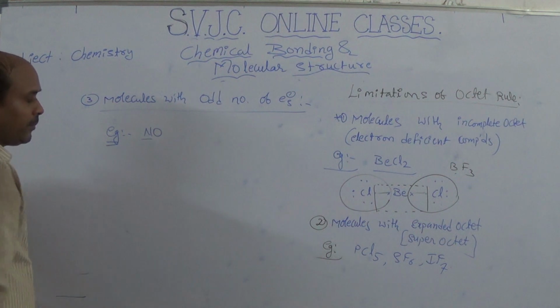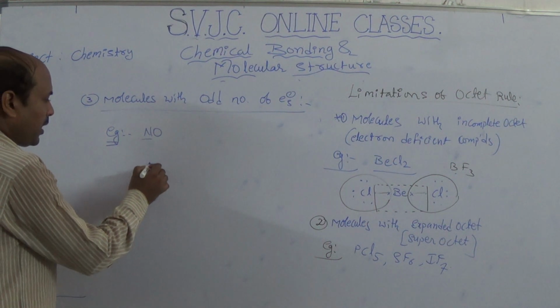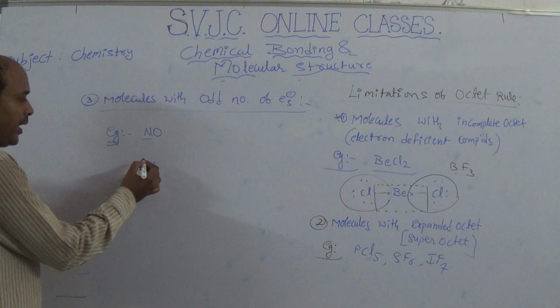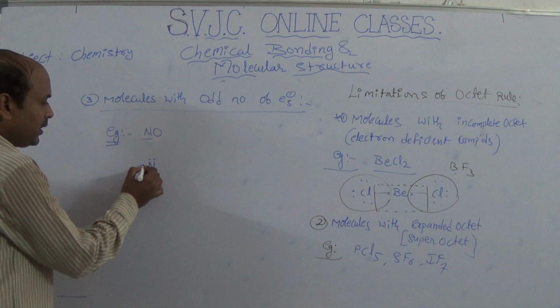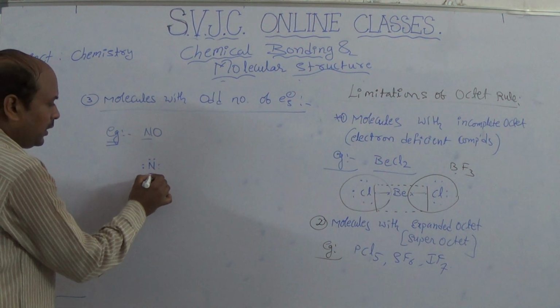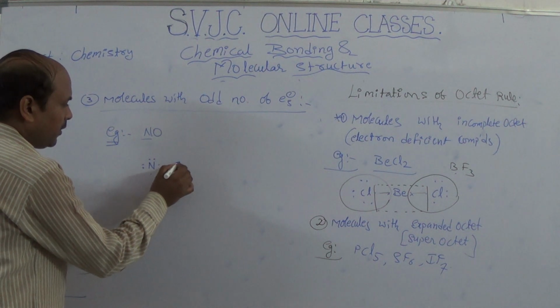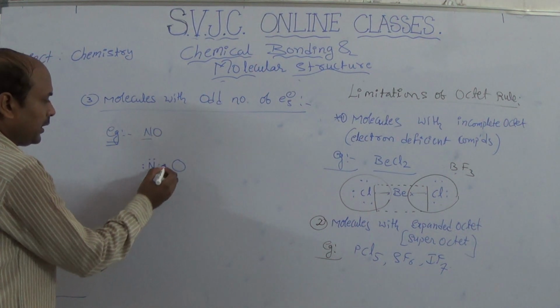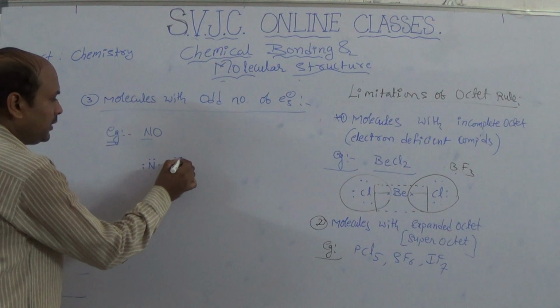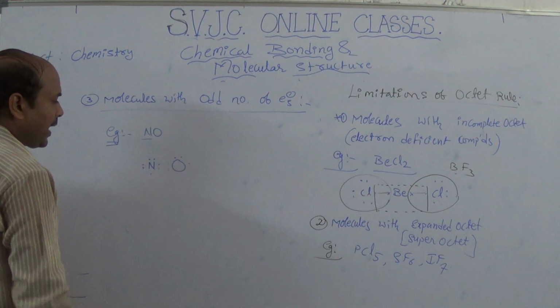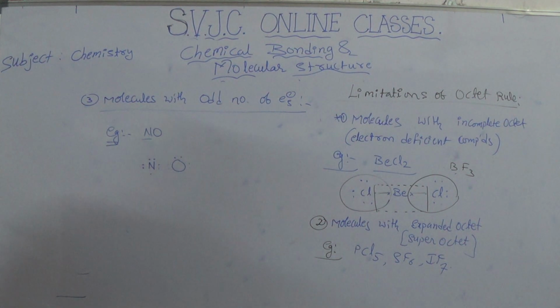In it the central atom is nitrogen. Nitrogen belongs to the fifth group and has 5 valency electrons, and it is bonded with oxygen, which belongs to the sixth group and has 6 valency electrons.